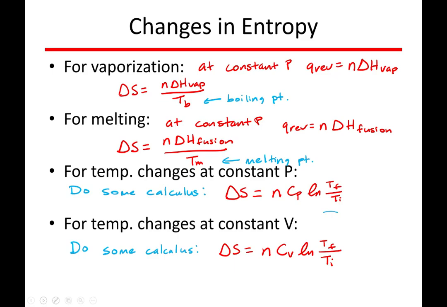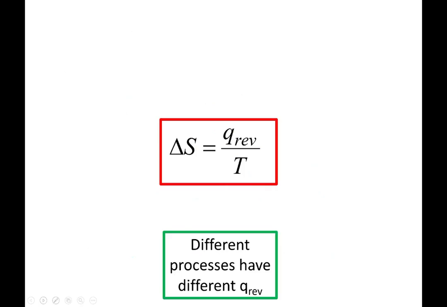So we just saw a lot of equations. Let's take a look at a summary here. We start with the base equation delta S is equal to Q reversible over T. This equation is always true. But where you go from here depends on the process, because different processes are going to have different expressions for Q reversible.